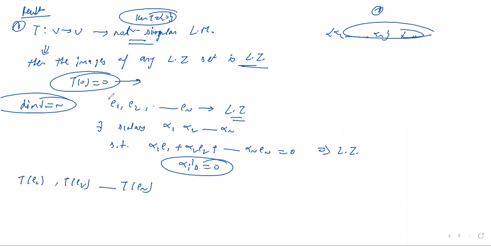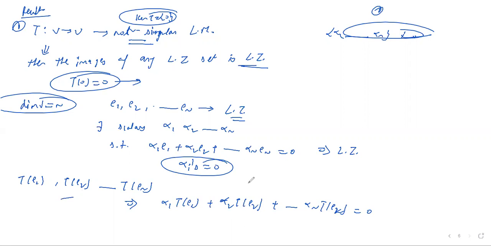Now I want to find whether these image vectors are linearly independent or not. For checking their linear independence, we write them in a linear combination: alpha 1 Te1, alpha 2 Te2 to alpha n Ten equals 0. If in this linear combination all the alphas equal 0, then we can say that the corresponding image vectors are linearly independent.